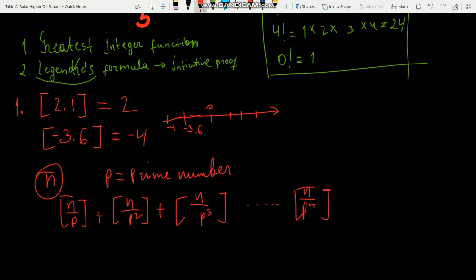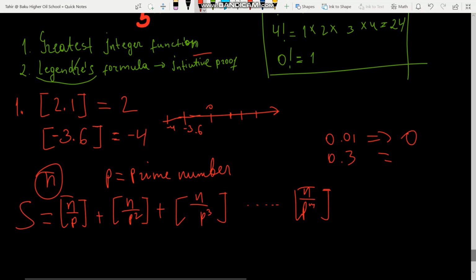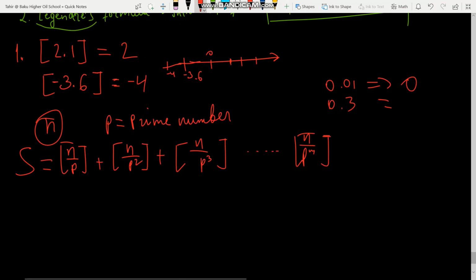As you see here, when our number is close to 0, for example 0.01, 0.3, 0 point something, this greatest integer function will give us 0. Therefore, most of the terms will not be considered in our formula. Let's denote the sum as s and try to understand why this is so.